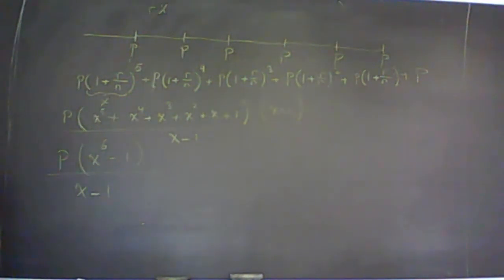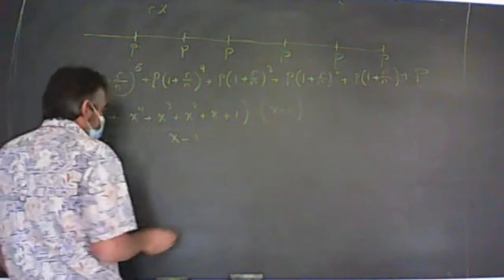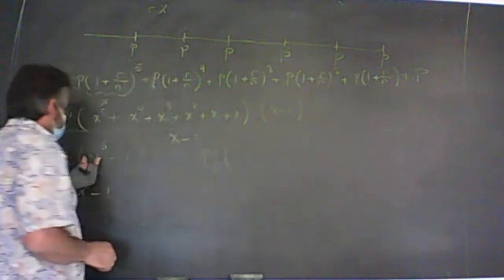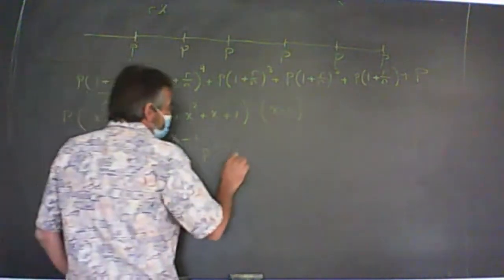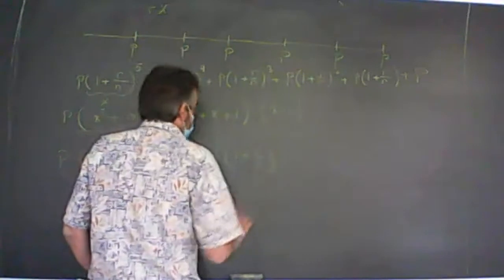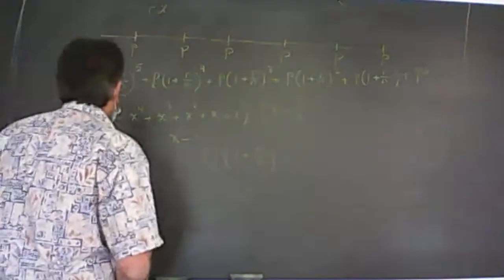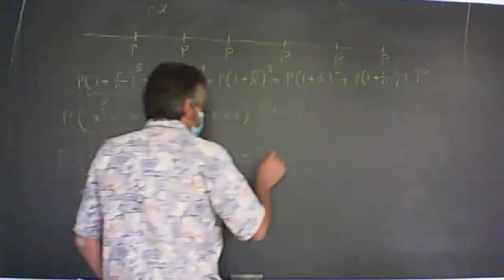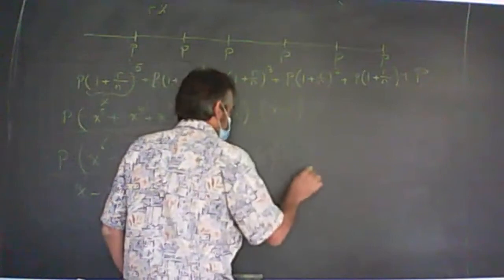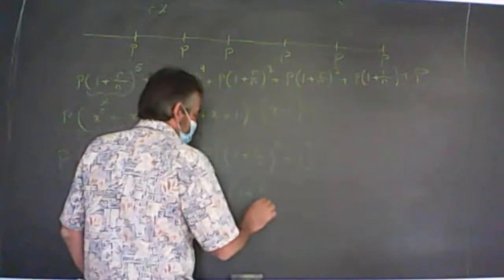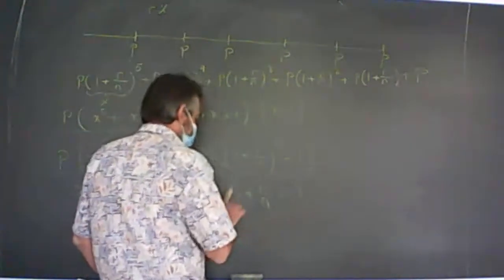Well, let's put our X back. We're done using X. Because now we need to figure out what the formula is. So equal P times, we have X is this, 1 plus R over N to the power 6 minus 1 divided by 1 plus R over N minus 1.